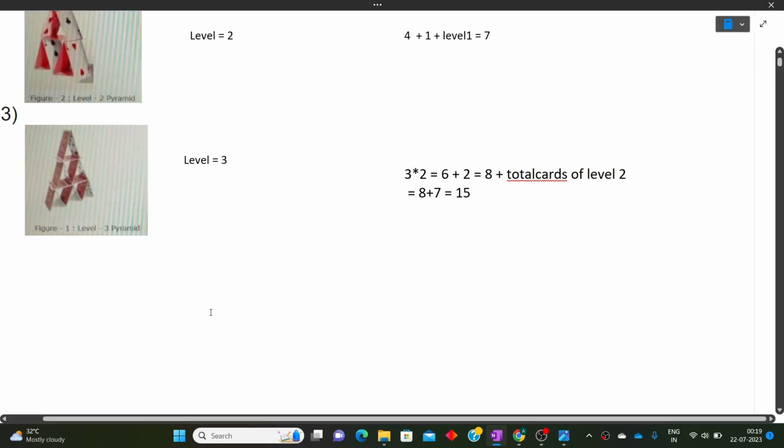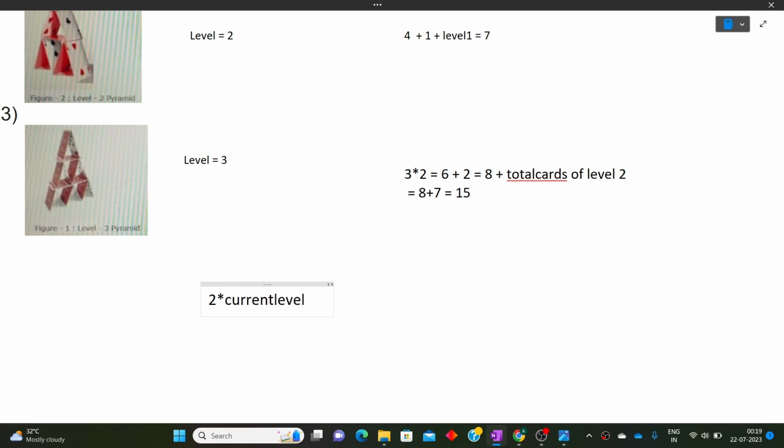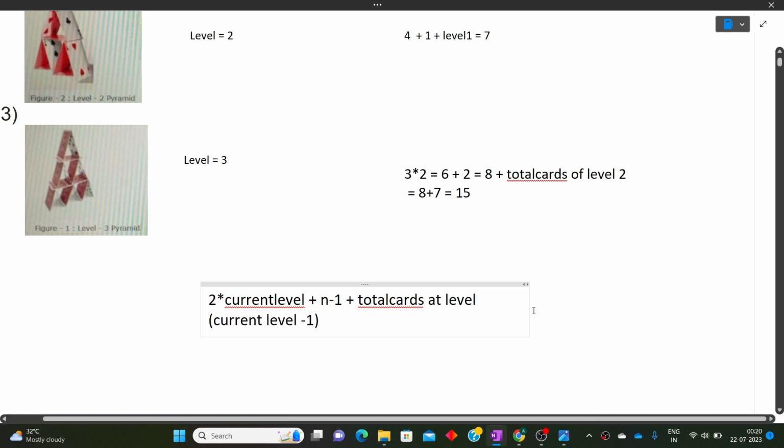The equation is very simple, that is 2 into current level, plus n minus 1, plus total cards at level current level minus 1.